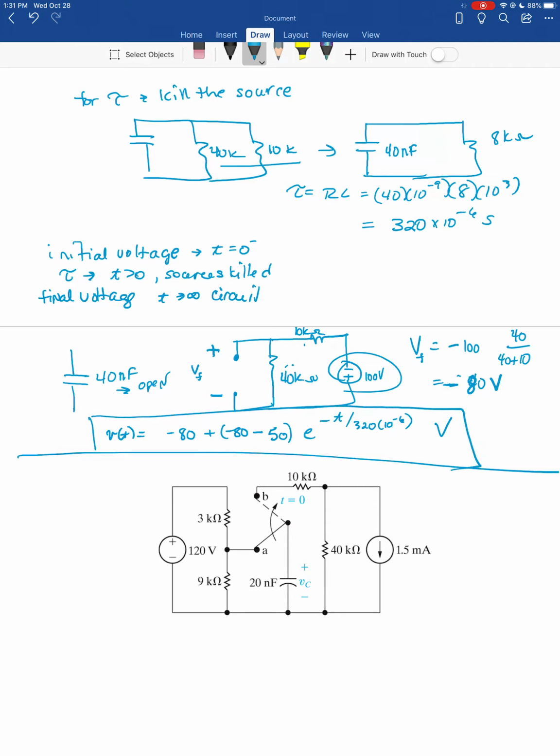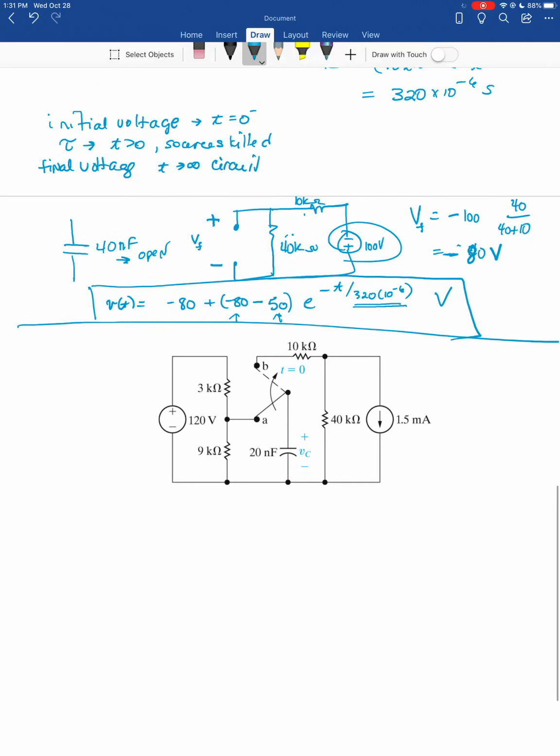Once again, we had to solve that circuit 3 times. Once for t less than 0, so we could get our initial voltage. Once for t going to infinity, so we could get our final voltage. And once for t greater than 0 with the source killed, so that we could get our tau.